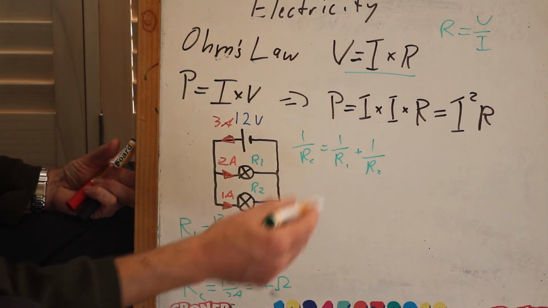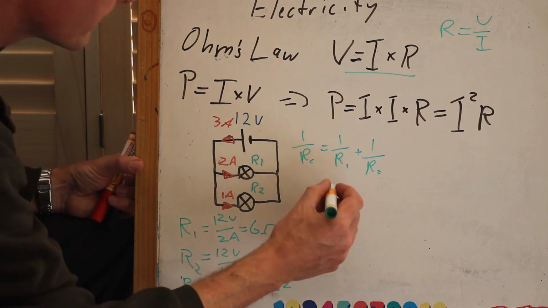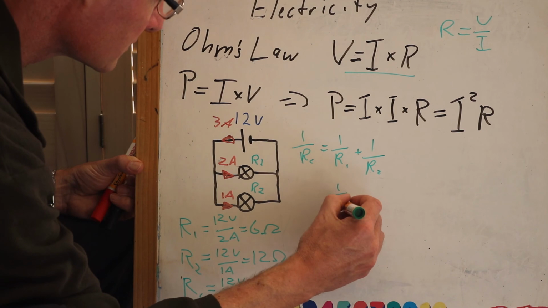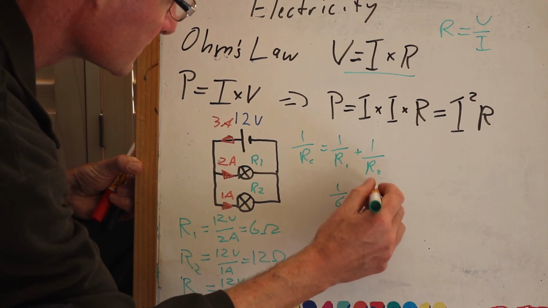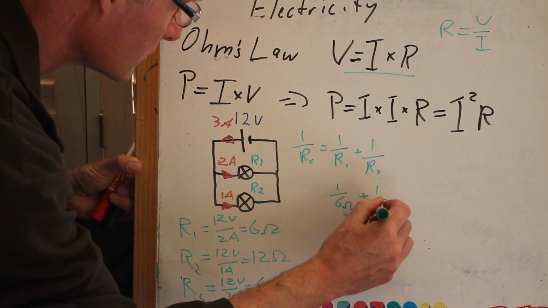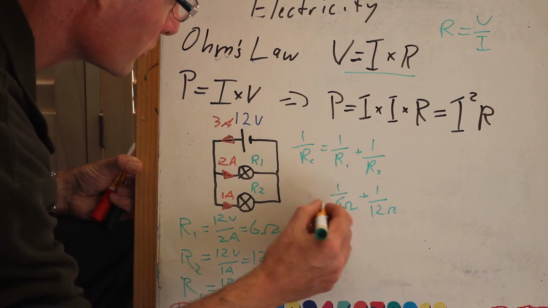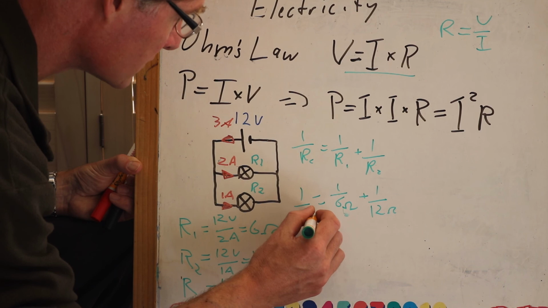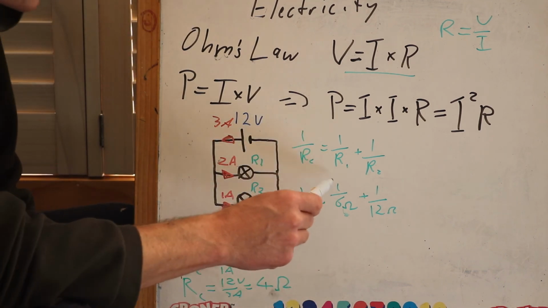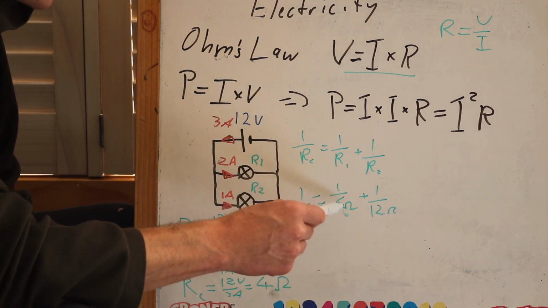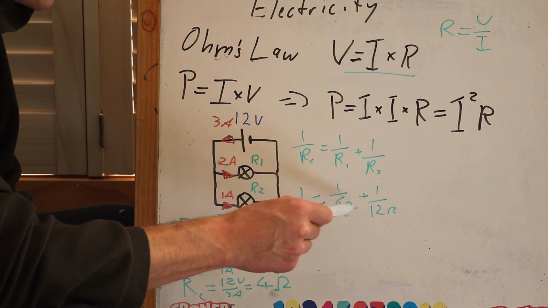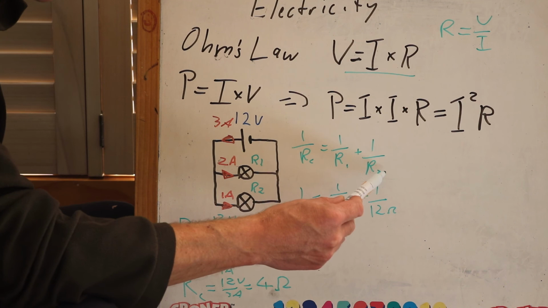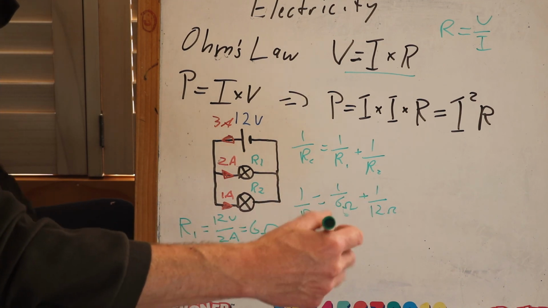Have a look at that. 1 over R1 is 1 over 6 ohms plus 1 over 12 ohms. That is my 1 over RC. 1/6 is 2/12, so 2/12 plus 1/12 is 3/12, inverted, that's 12 over 3, that's 4.